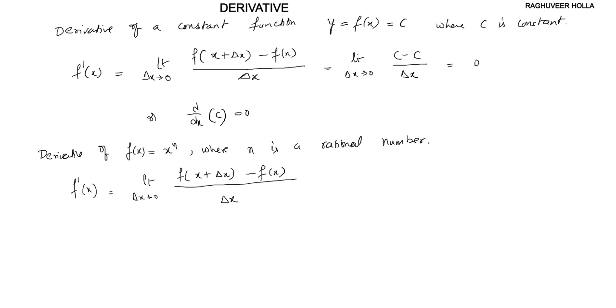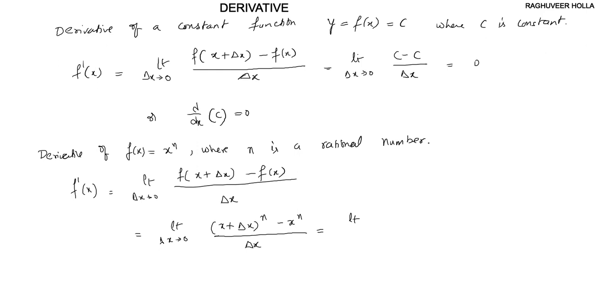And which is equal to the limit as delta x tends to 0 of x plus delta x to the power of n minus x to the power of n, divided by delta x, right?